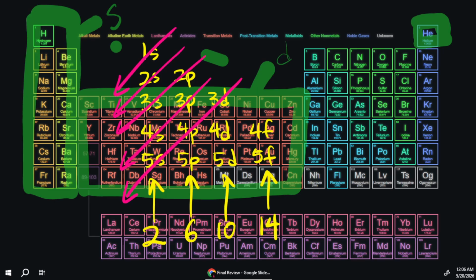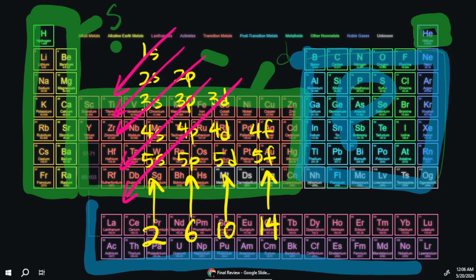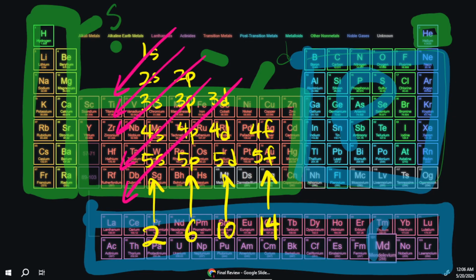And then over here we have our P block. This is our P block. And then on the bottom is our F block. So S has exactly 2. It can hold 2 electrons.